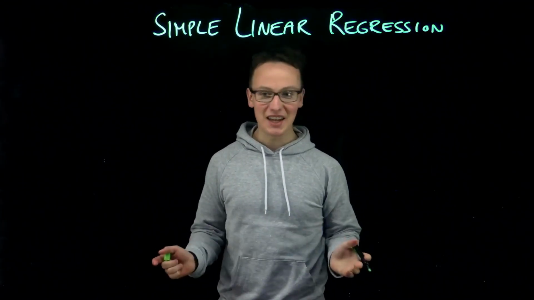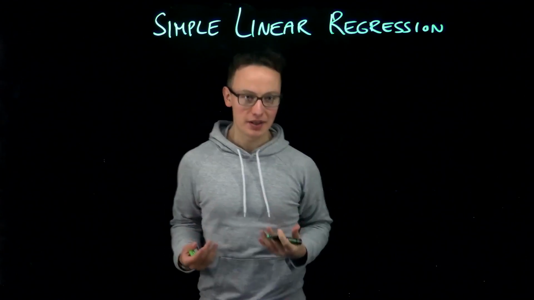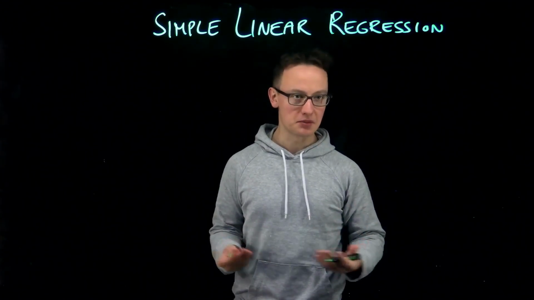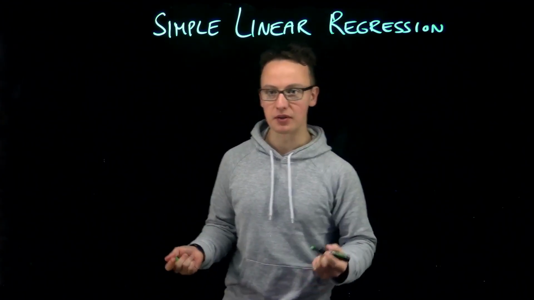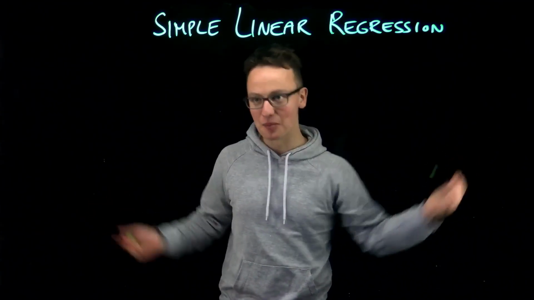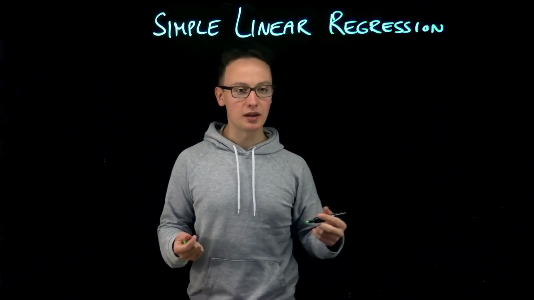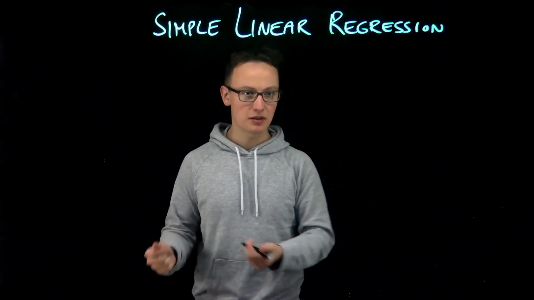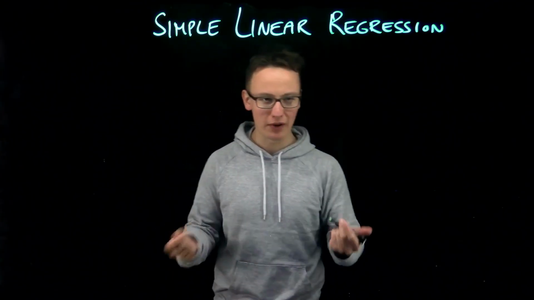So let's say we are a researcher and we are studying something in psychology. For example, it could be that we have a population of students, again, because why not? And we have two different measures that we obtain from them, numerical measures.